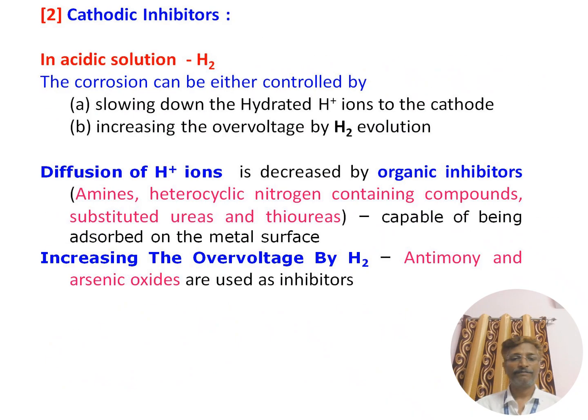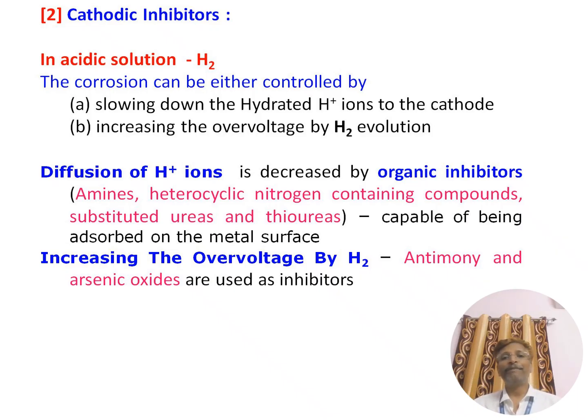Okay, cathodic inhibitor. In the acidic medium, the corrosion can be controlled either by slowing down the diffusion of hydrated H plus ions to the cathode, or by increasing the overvoltage for hydrogen evolution. So how does it happen? Diffusion of H plus ion is decreased by organic inhibitors like amines, heterocyclic compounds containing nitrogen, substituted ureas and thioureas.